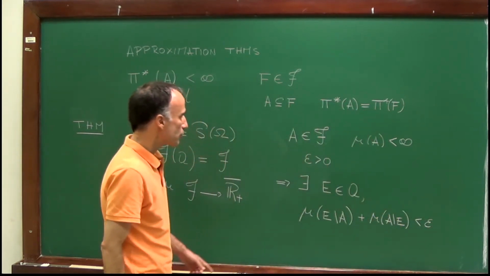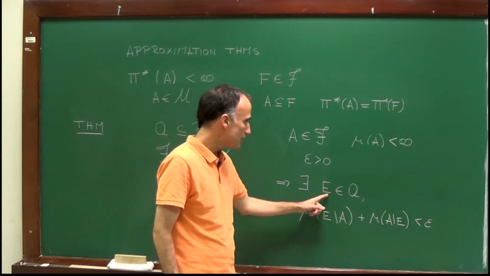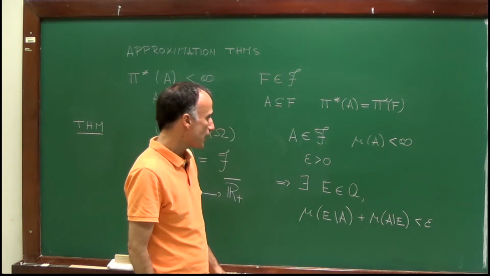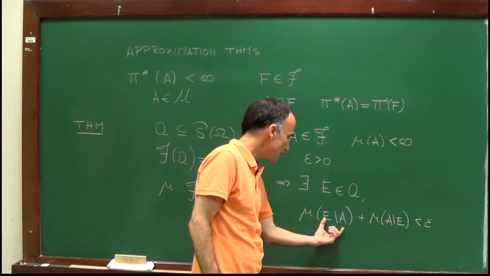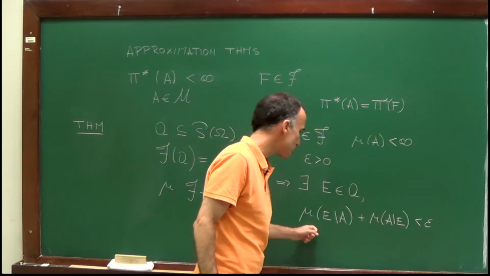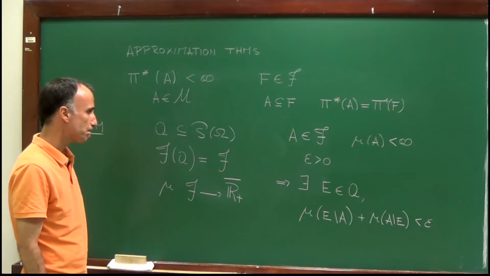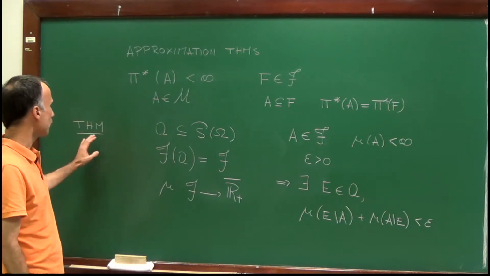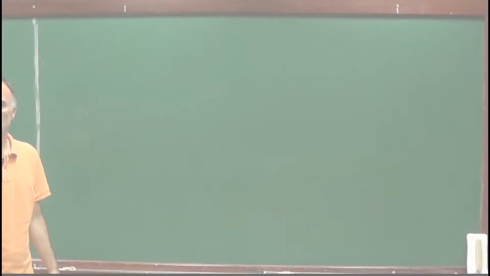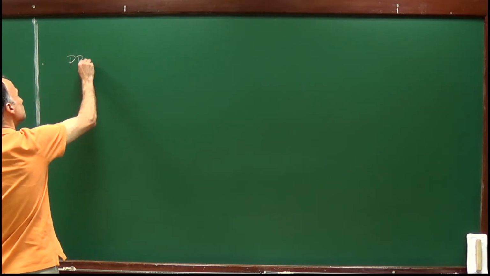So we can approximate the set A in the sigma algebra by a set E in the algebra in such a way that the measure of the symmetric difference of E and A is bounded by epsilon. So this is our first theorem. So let's see the proof of this theorem.